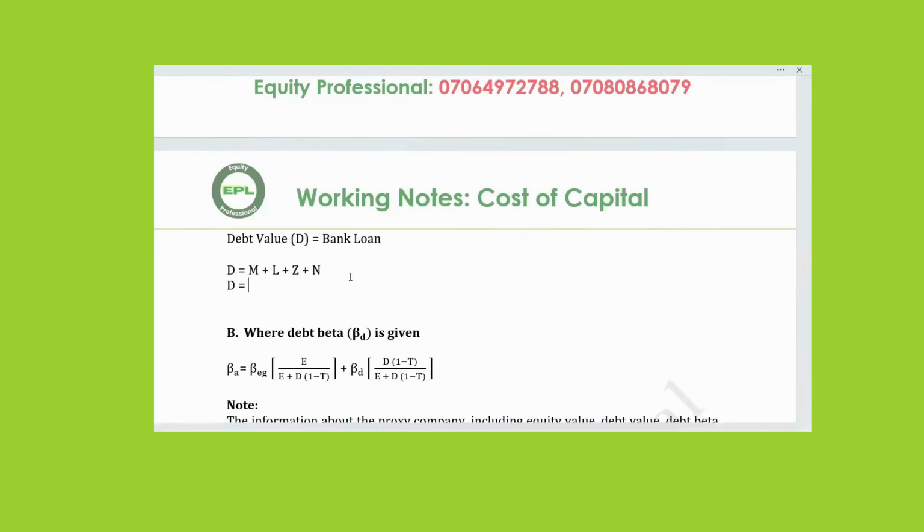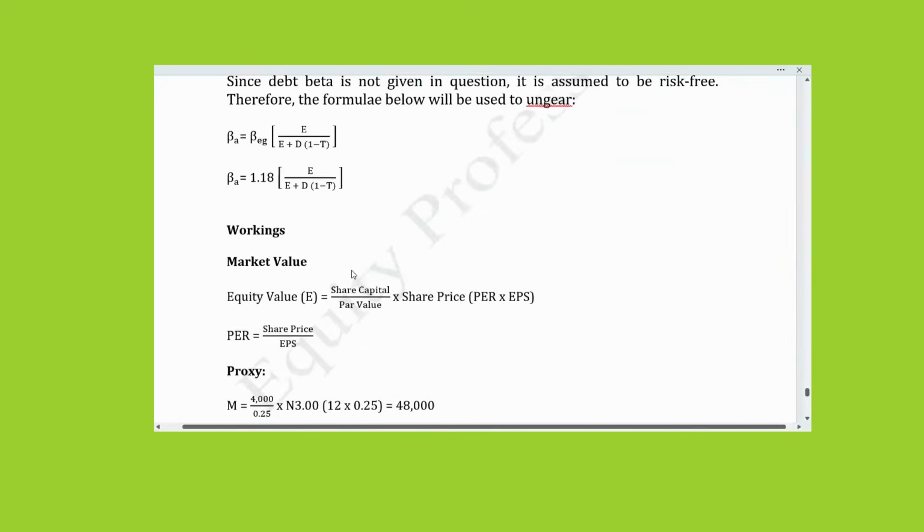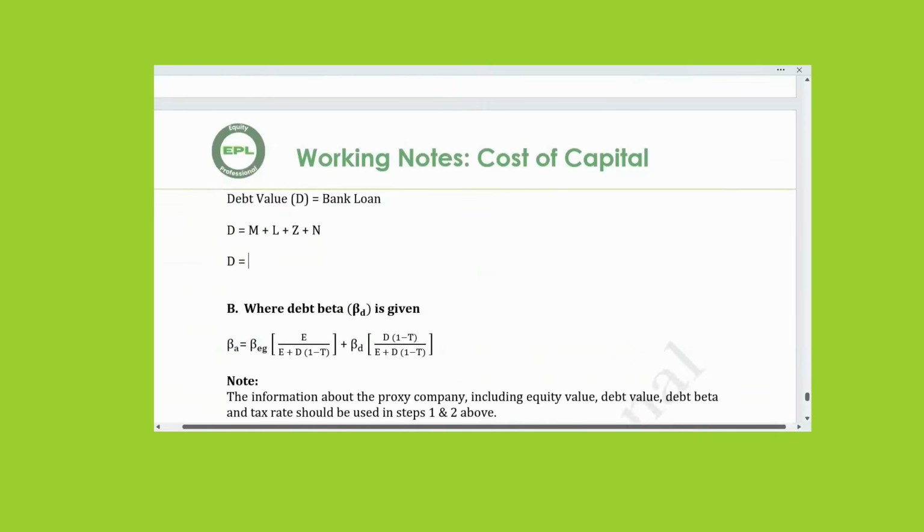So give it to me in the question. What's the debt value? What's the bank loan of Mississippi? 5,300. 5,300 plus that of Limpopo, 12,600. 12,600 plus Zambezi, 18,200. 18,200 plus Nile, 4,000.